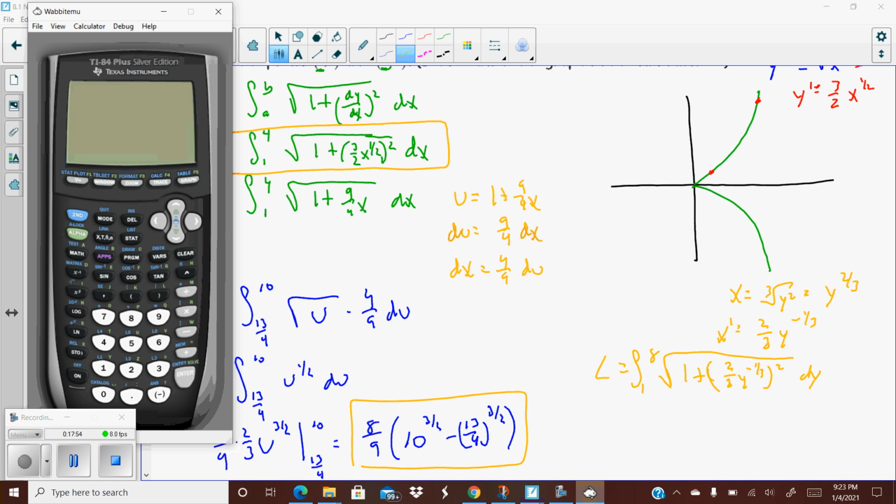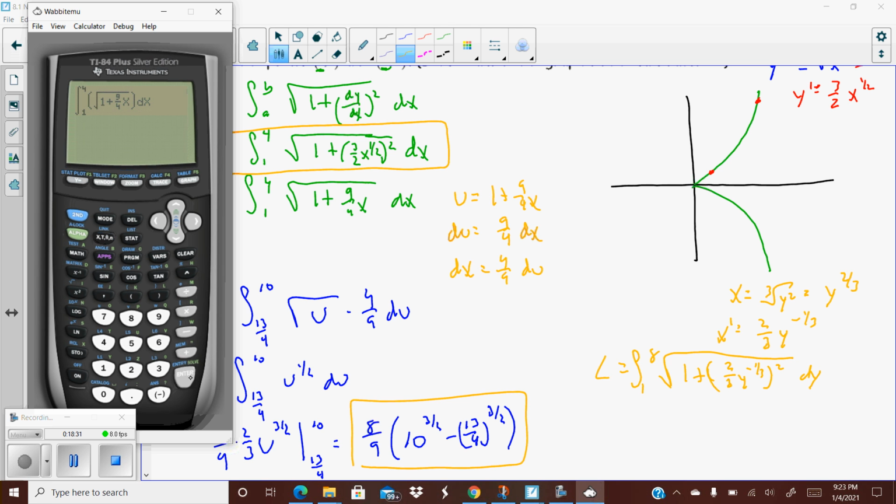Okay, so let's go ahead and do an integral in the calculator. Clear this out. So the integral is going to be math 9, 1 to 4 of the square root of 1 plus 9/4 x dx.